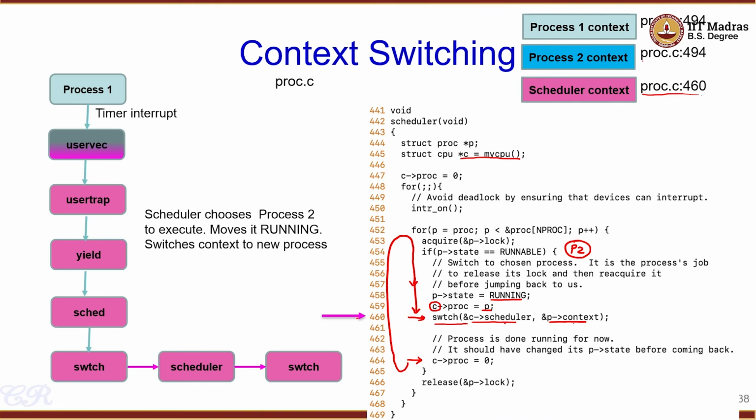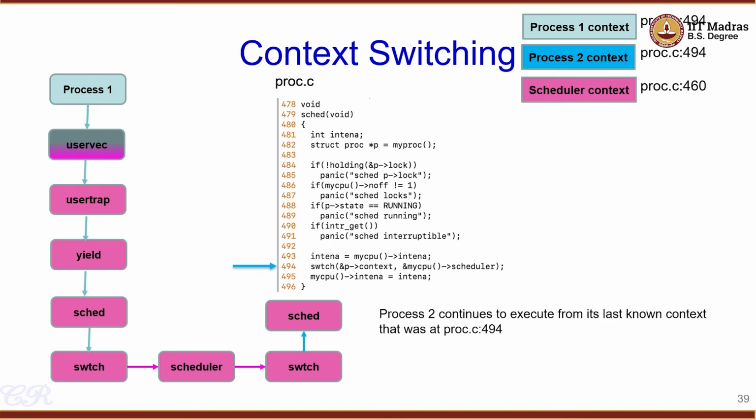Okay. So, what we have been able to do is, as you have seen, we have invoked the switch function twice. The first switch function, that is this one, moves from process 1's context to the scheduler's context. The second invocation of switch moves from the scheduler's context to process 2's context. Process 2 would now continue to execute because the context has been restored. It will continue to execute from this line 495.